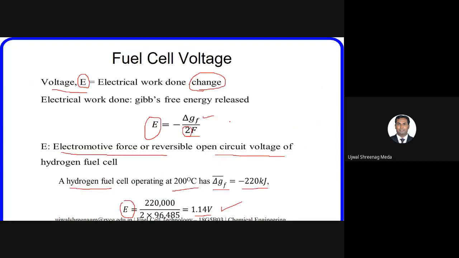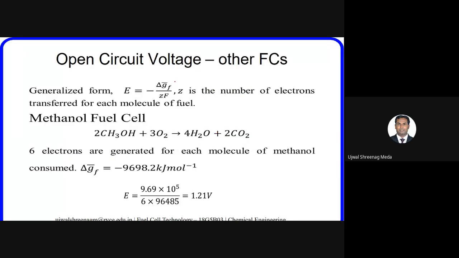So in that case, if you want to generalize this, E equals negative of delta G_f by zF. So that z represents the number of electrons generated when each molecule of fuel is consumed. So that is what is shown here.